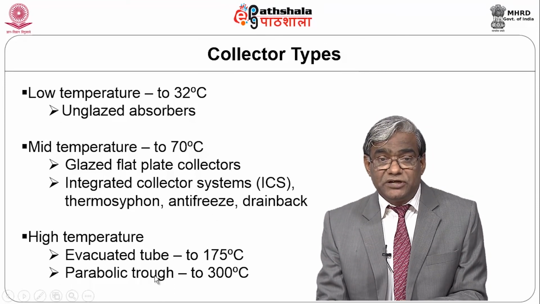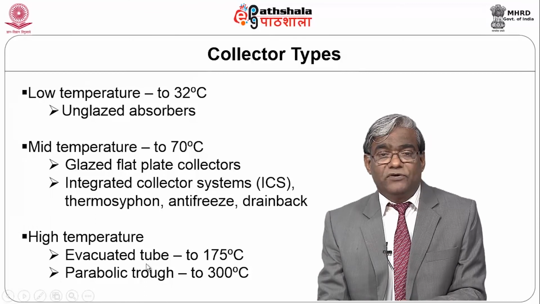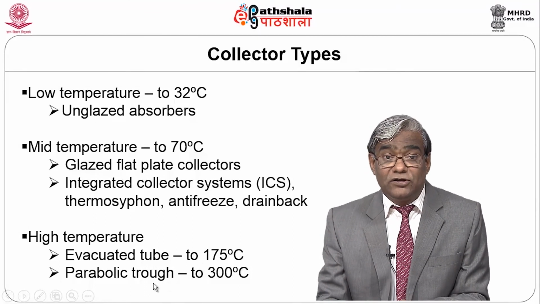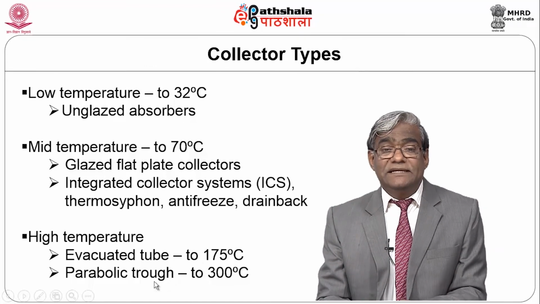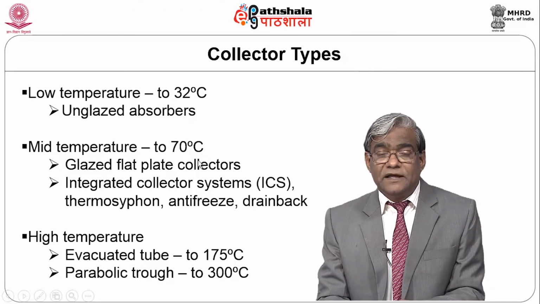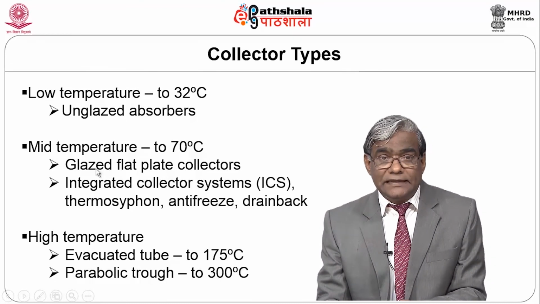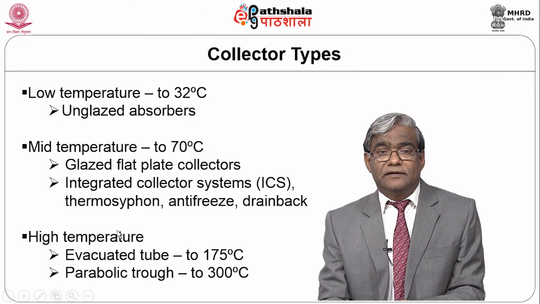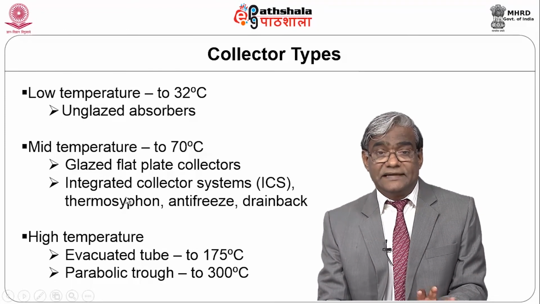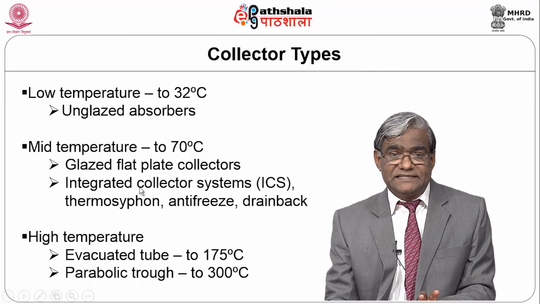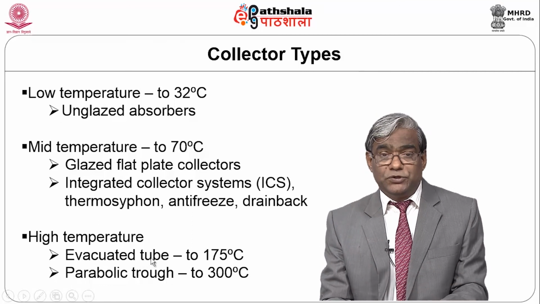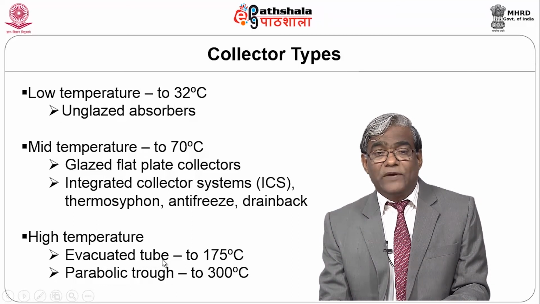For high temperature applications, we can look for evacuated tube collectors. You can go up to 175 degrees Celsius, and you can also go for the parabolic trough collector, through which you can go up to 300 degrees Celsius. So, unglazed absorbers are for low temperature applications, flat plate collectors for medium temperature applications, and for high temperature applications, you can go for evacuated tube and then parabolic trough.